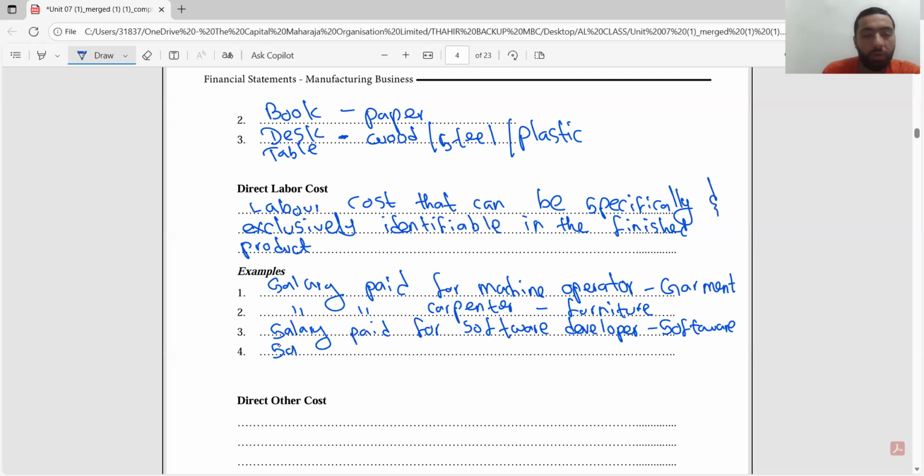Number 4, the same thing. Salary paid to an auditor in an audit firm. Okay. Very simple.